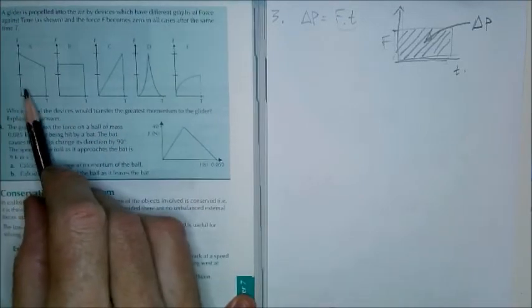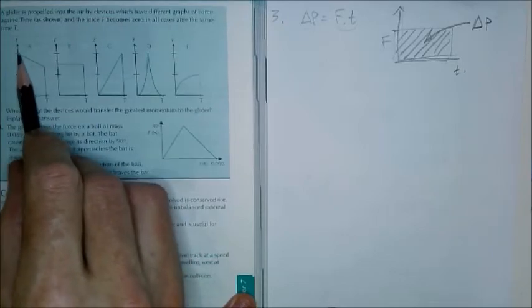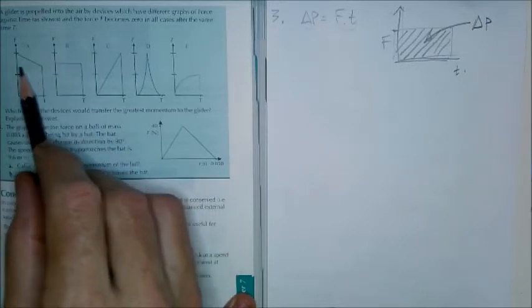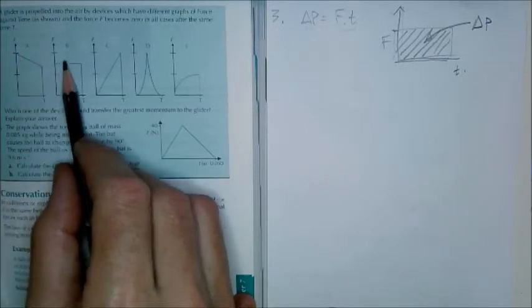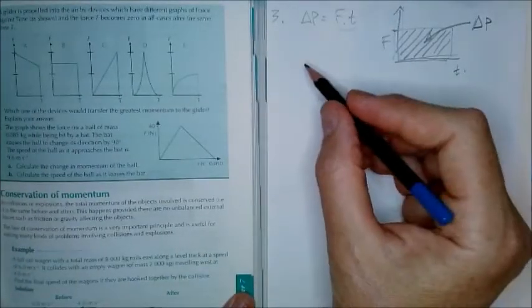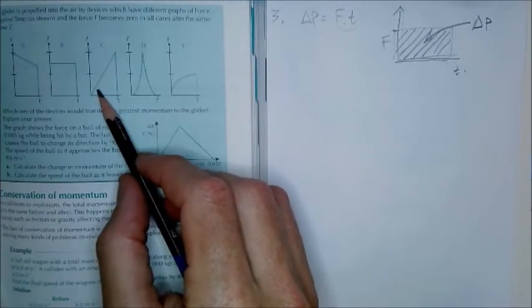Now, which one's got the highest area? Well, A has this square plus this triangle. B is less than A because it has just this rectangle plus the triangle above it, so A is definitely greater than B. C is a triangle up to the right here.